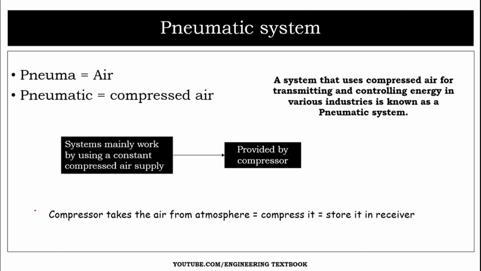The compressor takes air from the atmosphere and stores it in a receiver, which is known as a high pressure tank. After that, this compressed air is supplied through a series of valves or pipes.